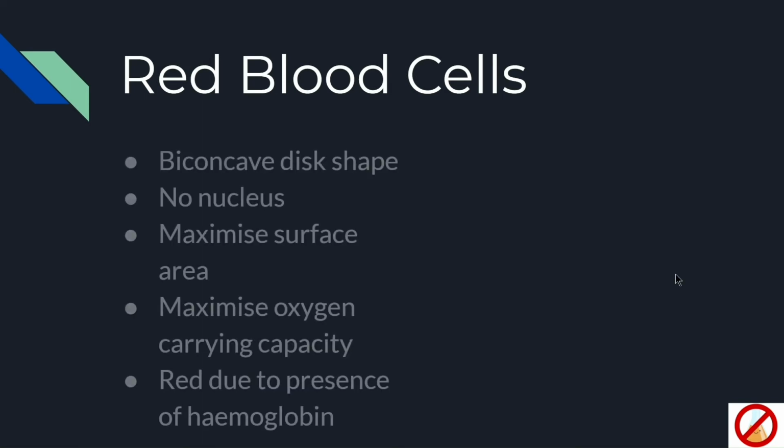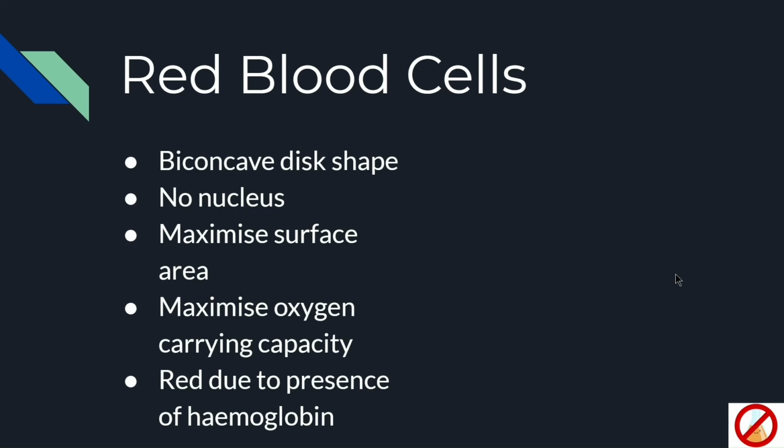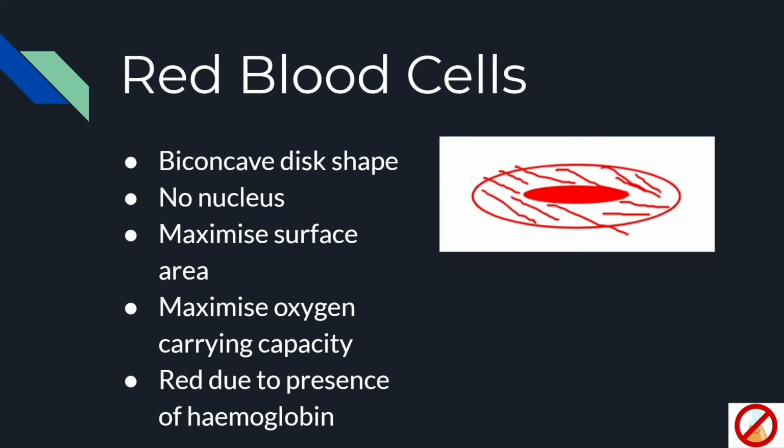Next, we have the red blood cells, and from its name you can tell it's in the blood, and it has a very special shape. It's a biconcave disc shape. This is what we should use in the exam: biconcave disc shape, because it's like a CD.